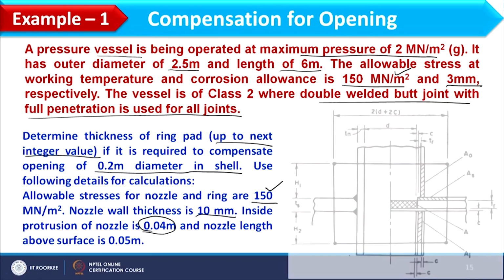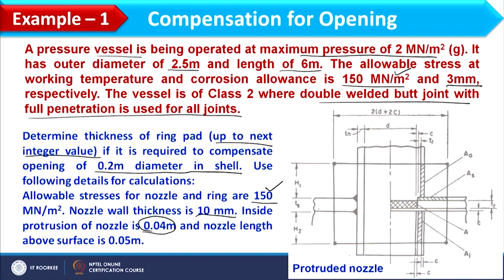So, if you see this image, this length of the nozzle is given as 0.04 meter. However, the length above the nozzle is given as 0.05 meter. So, here we have to first examine whether compensation is required or not, and if required we will carry out the whole calculation. So, let us start the solution of this example.